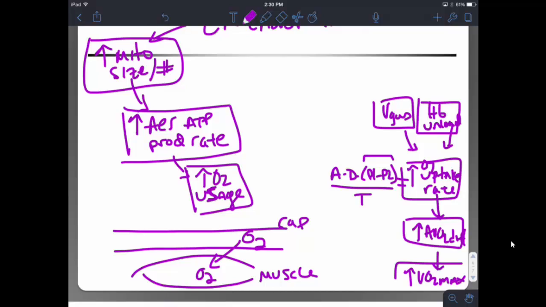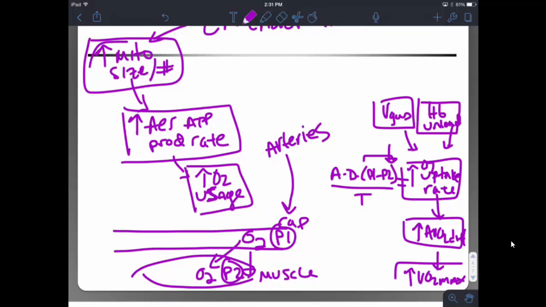Oxygen is moving from the capillary into the muscle, therefore this is P1 and this is P2. This oxygen is coming from your arteries, and remember that the oxygen content of the arteries does not change during exercise. So P1 doesn't change during exercise. The only way for this pressure gradient to get larger is for P2 to drop. And that's exactly what happens.